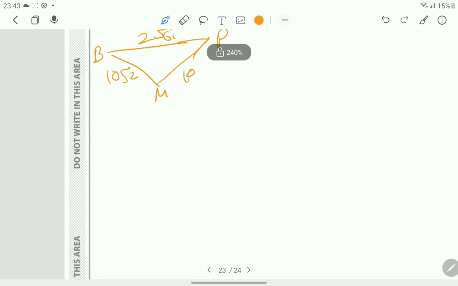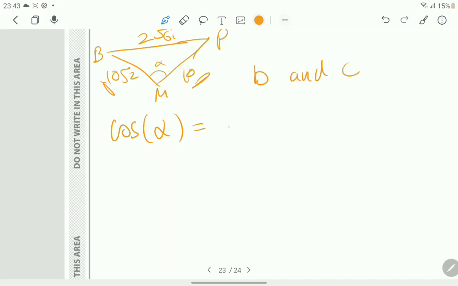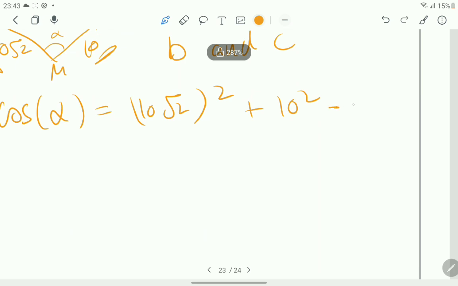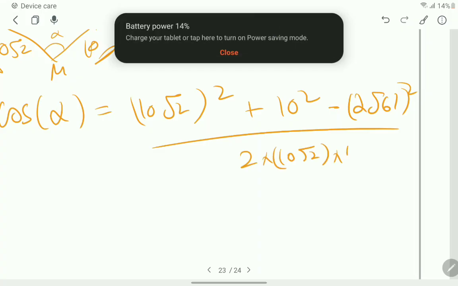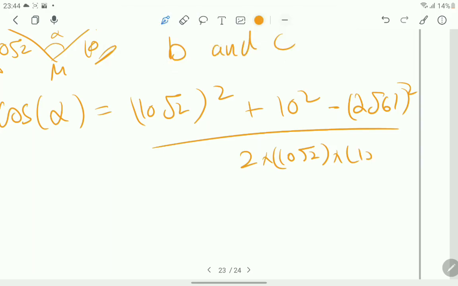Now in order to find angle alpha, you need the cos rule. So cos alpha would be equal to, we take the square of these sides, so the sides are called B and C. So 10 under root 2 would be B, so 10 under root 2 whole square plus 10 square minus 2 under root 61 square, and we divide by 2BC, so it would be 2 times 10 under root 2 times 10.